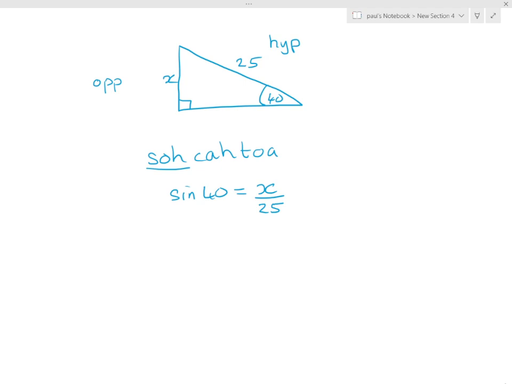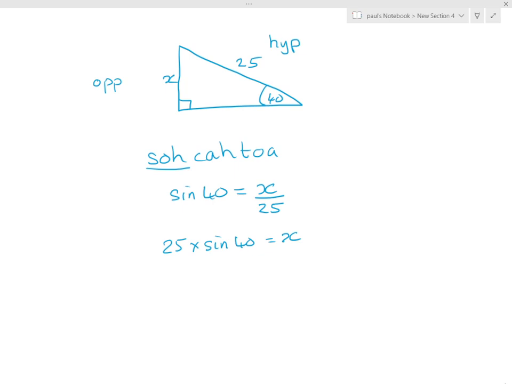So multiply both sides by 25, so we get 25 times sine 40 equals x. Now, good practice is to put this 25 before the sine 40, not after it, because otherwise the calculator may get confused and try to work out what the sine of 40 times 25 is.